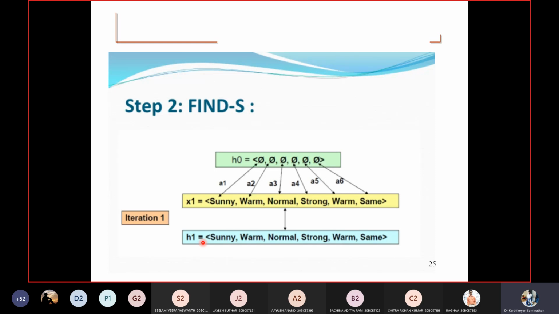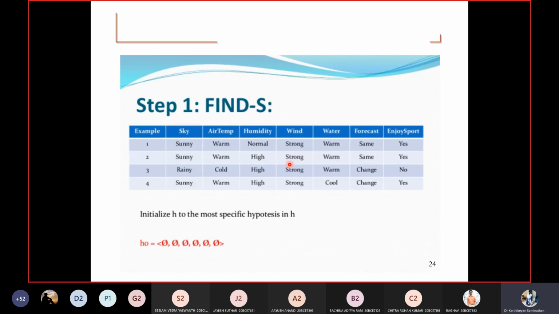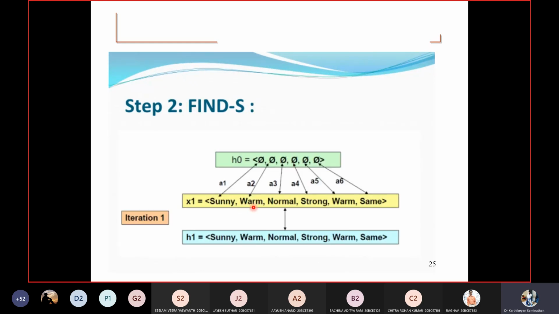Now I need to take my first iteration. In iteration 1, I need to identify my first hypothesis H1. My X1, instance 1, from this problem I am taking this first row. You can see here sunny, warm, normal, strong, warm, same.